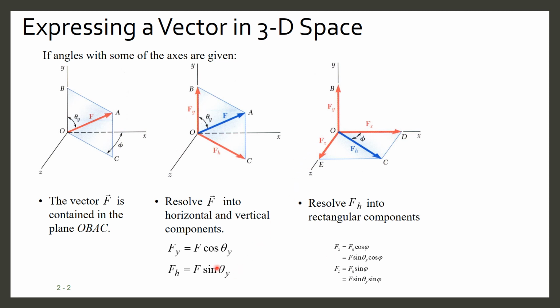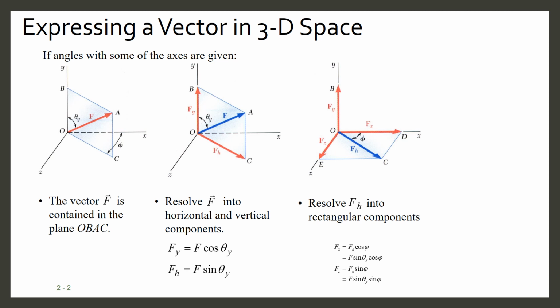Fy is F cos theta y, Fx is F sine theta y cos phi, and Fz is F sine theta y sine phi. So if you know the angles and the vector, then you can resolve the vector in 3D in the x, y, z directions.